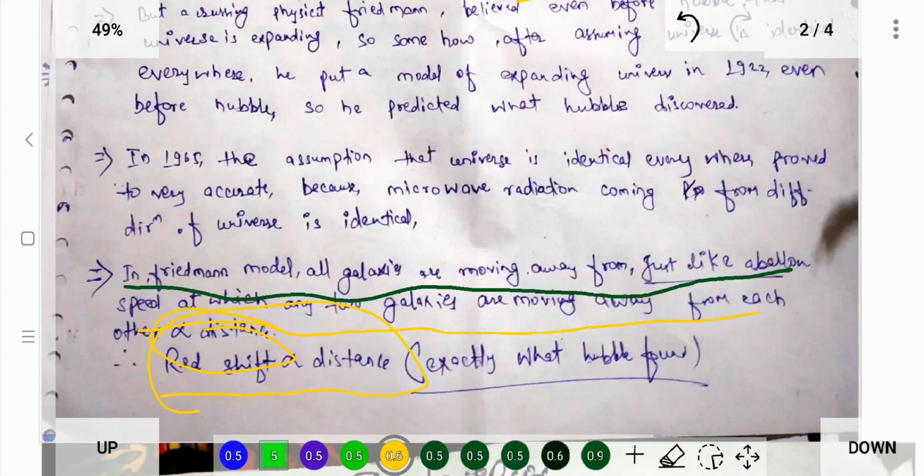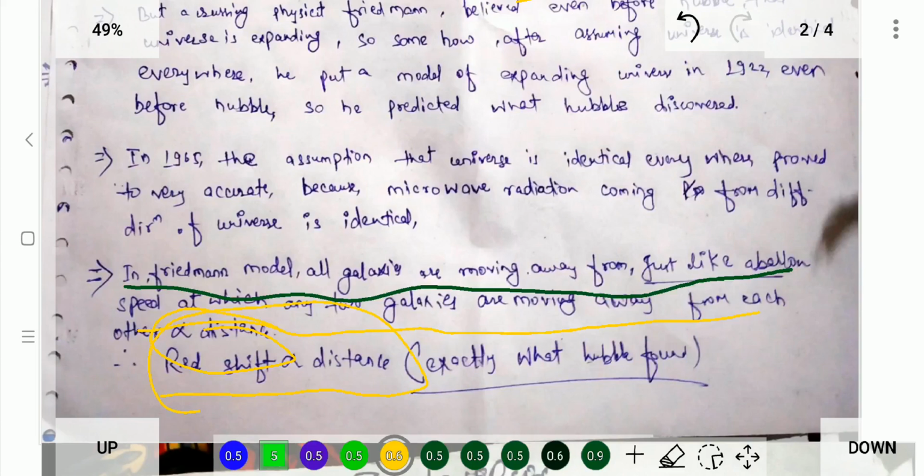It means he predicted everything that Hubble found, in 1922 only, but nobody was ready to believe that, because Einstein himself said that the universe is static. So it was written in stone that the universe is static. But after the discovery of Edwin Hubble, how can you deny an observable experiment?